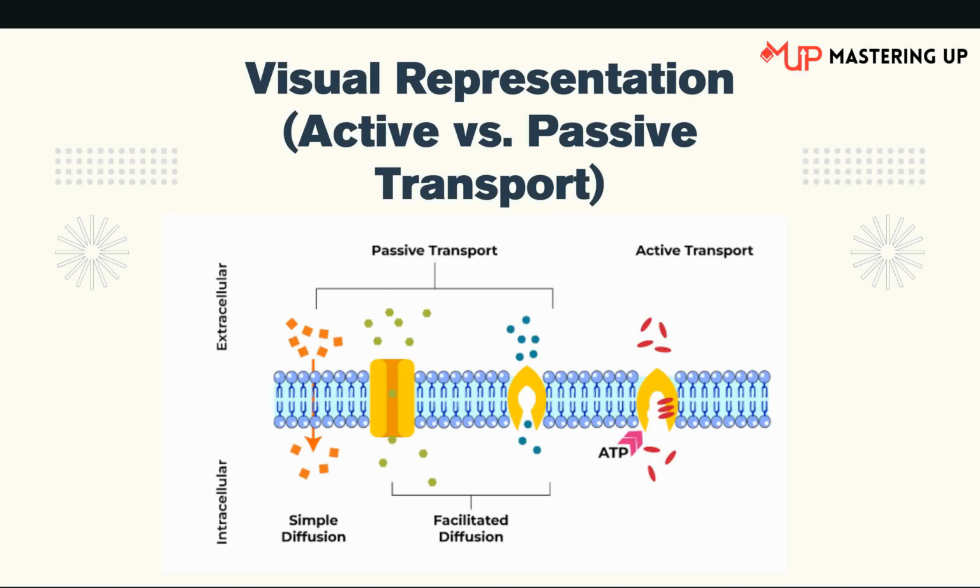Here is an illustration which visualizes the key differences between active and passive transport mechanisms, showing how each works within the cell membrane. You can see simple diffusion and then the facilitated diffusion through protein channels. These are the types of passive transport. You can see active transport of ions or molecules through the protein channel with the help of ATP.